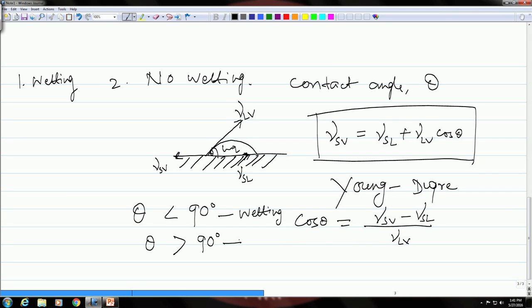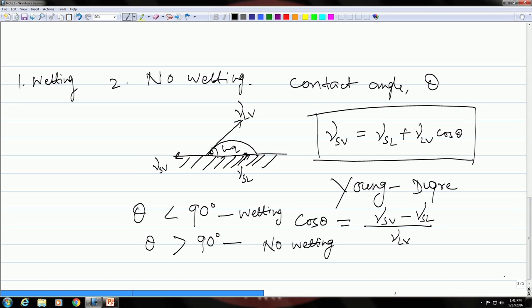And if theta is more than 90 degrees, the liquid will not spread or wet the solid surface. So, this parameter, contact angle theta, decides whether a liquid will spread over a solid surface or not. Now, how does this connect to liquid penetrant testing? Let us go ahead and see that.